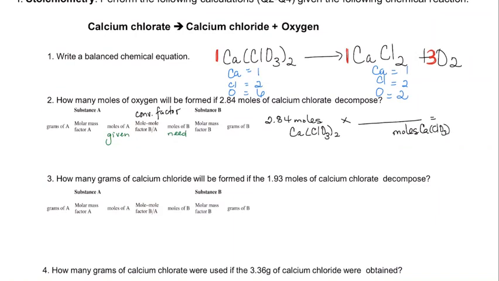And then on top, what is needed, which is going to be moles of oxygen. So what is the value in the top of my fraction? Excellent, a 3. What is the value that goes in the bottom of my fraction?